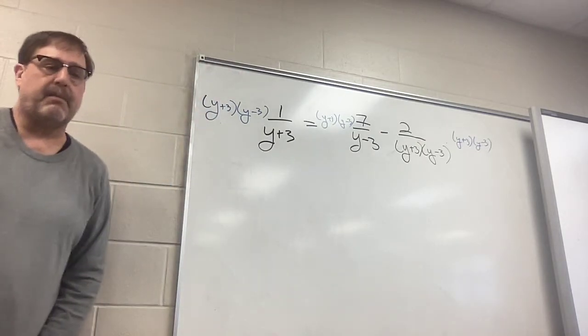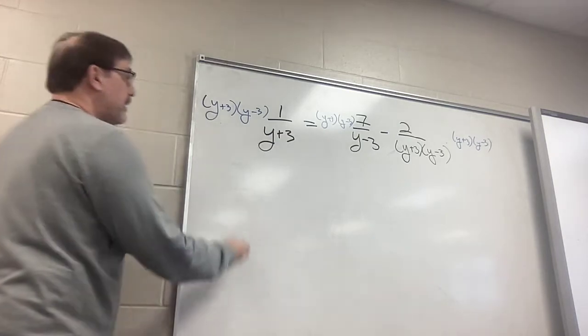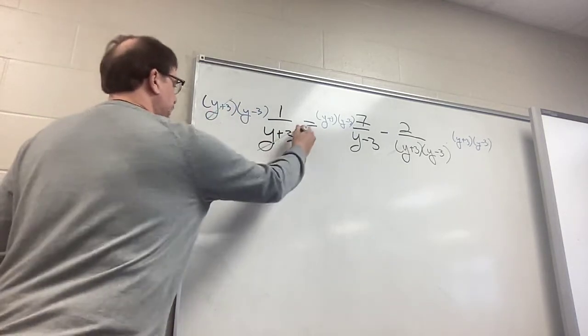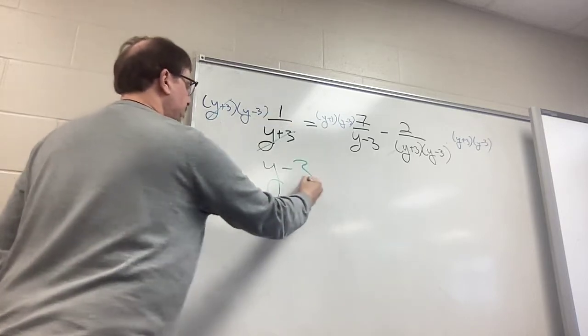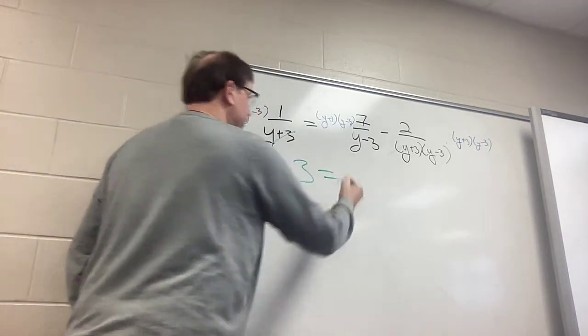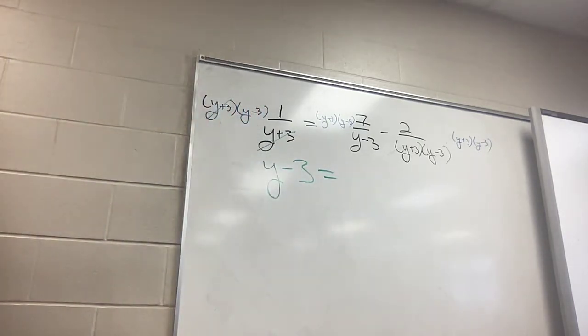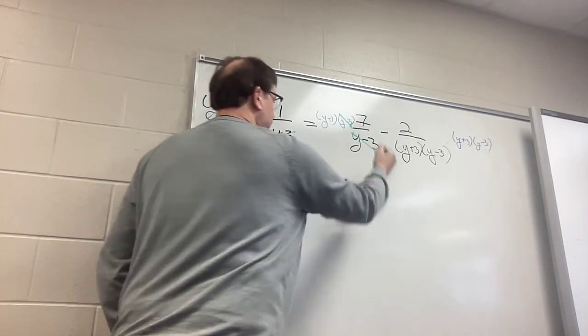We've not broken any mathematical rules. And something really awesome is about to happen. The y plus 3's can cancel. And we have 1 times y and 1 times minus 3. On the first one, the y minus 3 cancel.